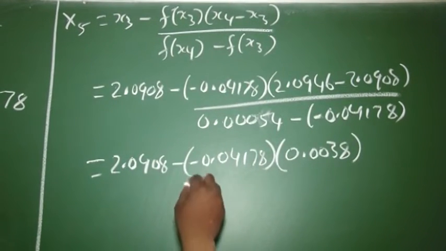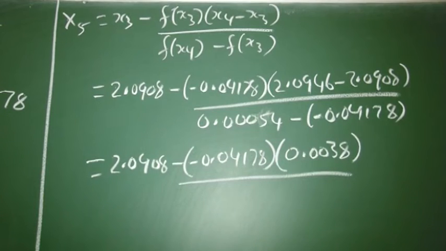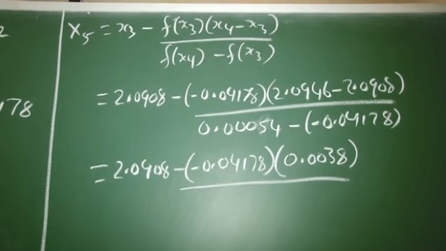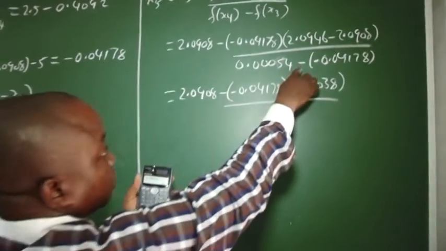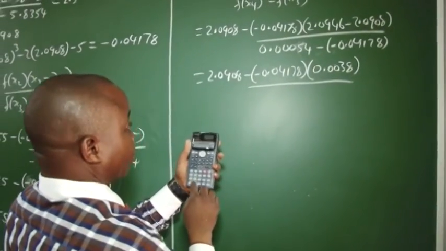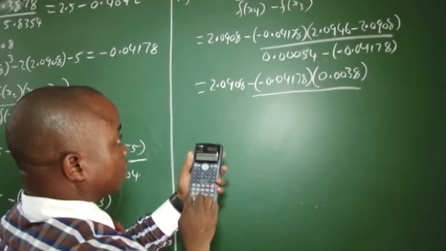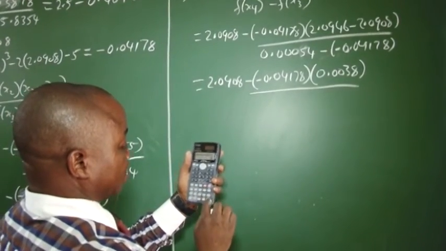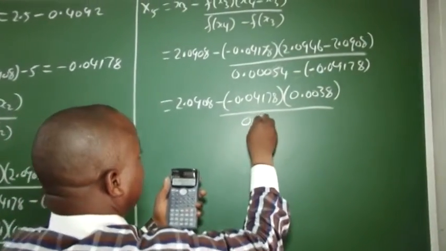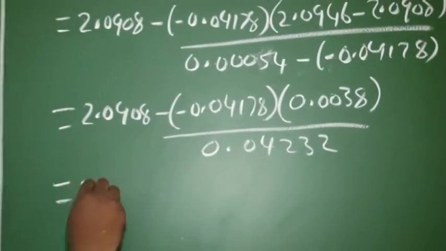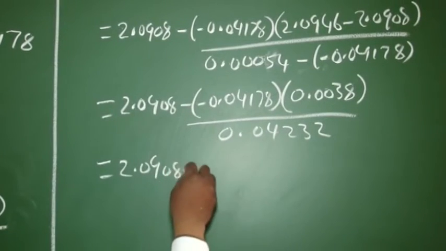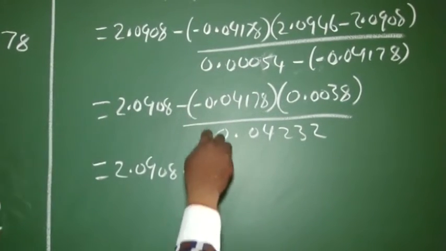Okay, over, we go here, we have 0.00054 plus because of this 0.04178. That gives us 0.04232. Now 2.0908, and this is plus because of this.